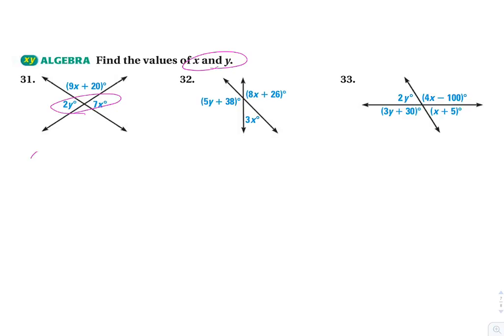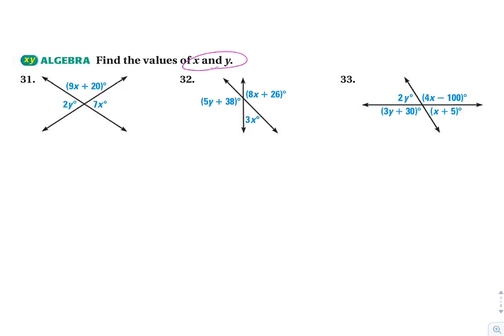Two variables in one equation, then I'm going to need x's and y's and x's and y's. Instead, what I really would like to do is write one equation with one variable from the get-go. So although I could say vertical angles are congruent, so 2y equals 7x, I don't want to start there. I would like, if I can, to start with one equation that has just one variable.